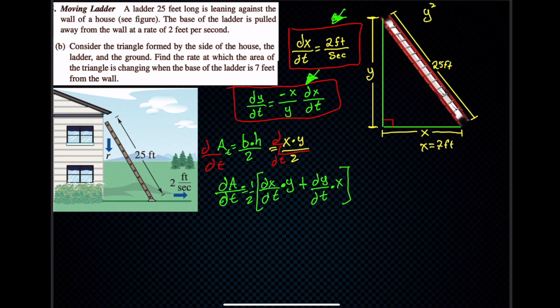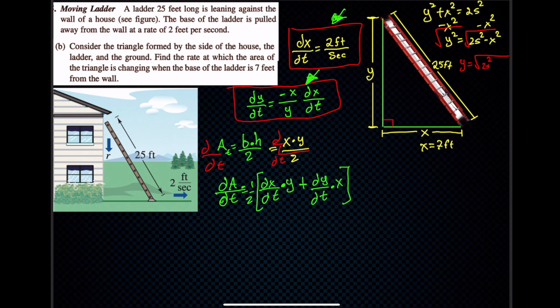Therefore we have y squared plus x squared equal to 25 squared. We move the x squared over, and we end up with y squared equal to 25 squared minus x squared. And then we take the square root of both sides, and we end up with y equals the square root of 25 squared minus x squared.